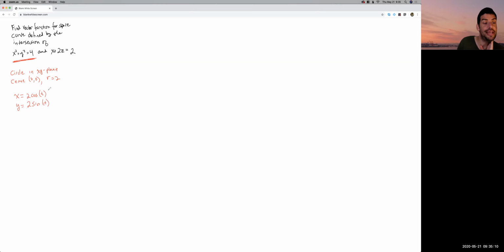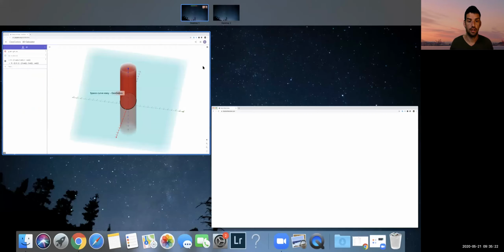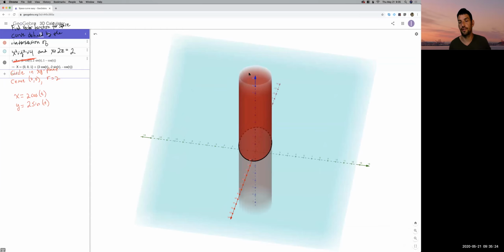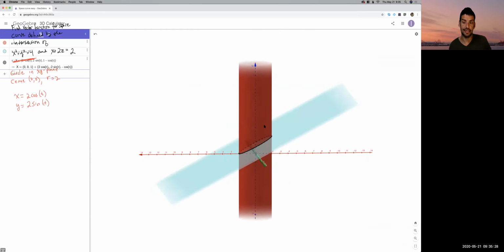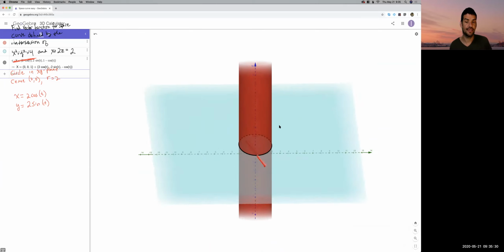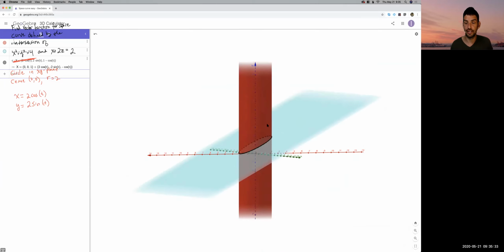So if I make my x and y coordinates in this parameterization, it ensures that they live somewhere on this red cylinder, right? Now the key is making sure that the z coordinate is correct, right?